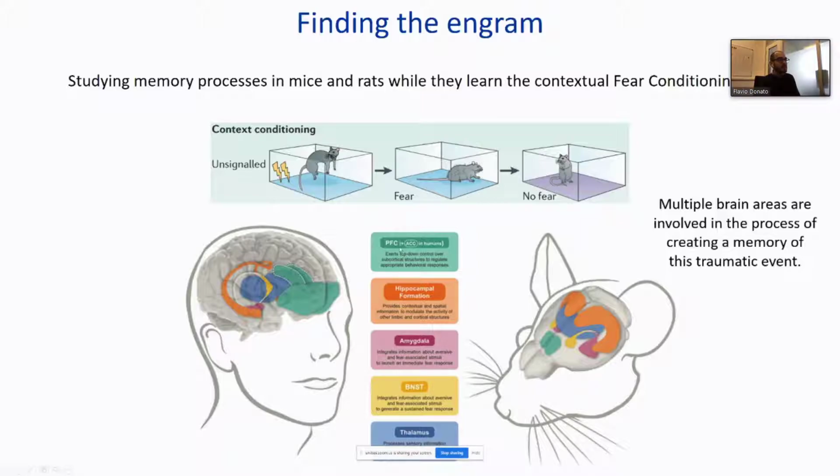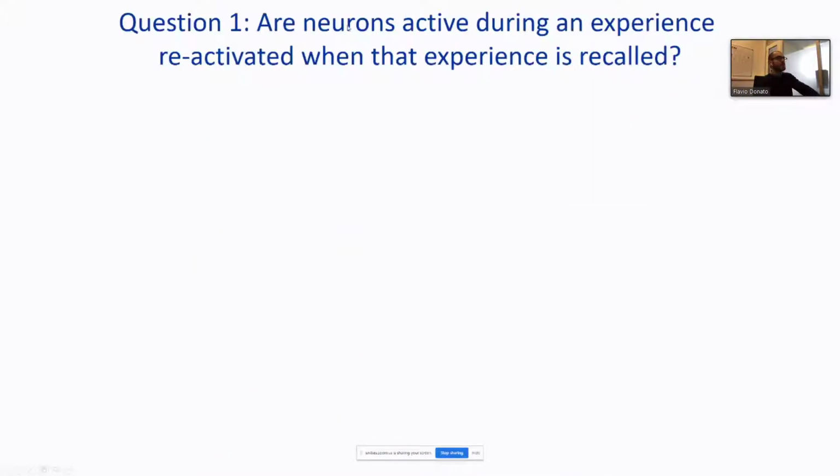But the interaction between prefrontal cortex, hippocampal formation, and amygdala is fundamental for creating a memory of the contextual fear condition. And this also highlights the point of Lashley, that you could not really say these are different areas in the brain that are all involved in the formation of the memory processes.